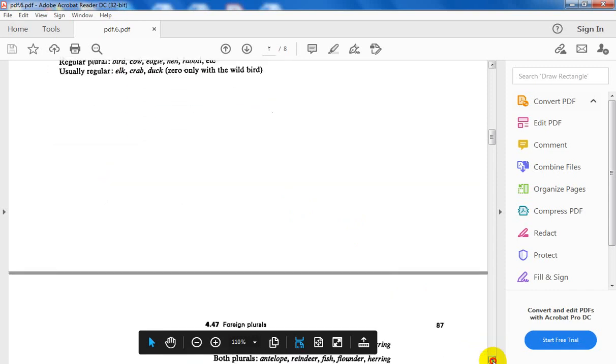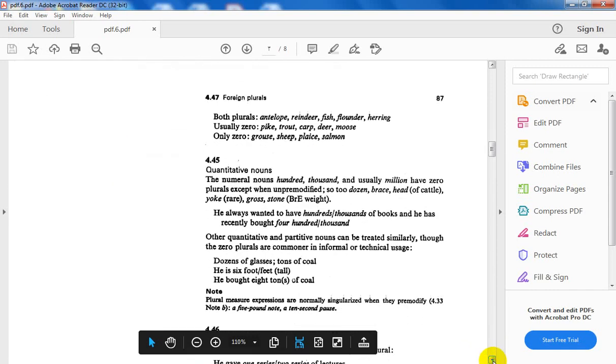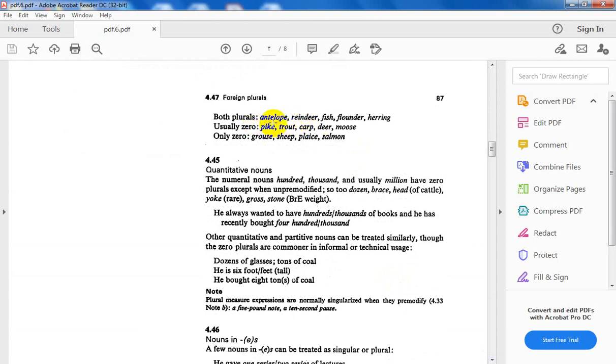Both plurals: antelope, either antelope with zero plural, which is irregular, or antelopes. Reindeer, fish, flounder. Depending on the context, I choose the regular or the irregular plural. If it is hunting, it will be zero plural.